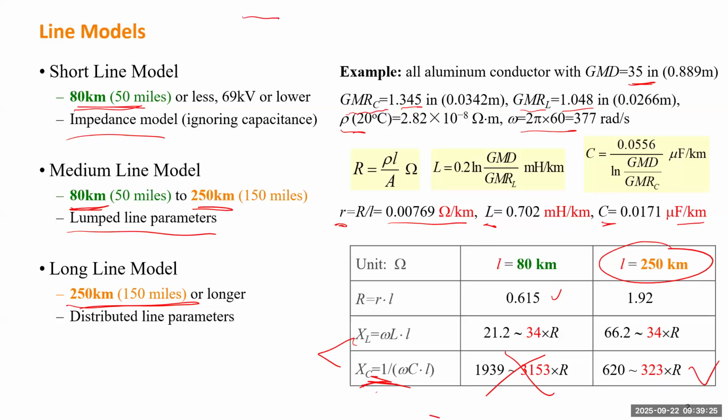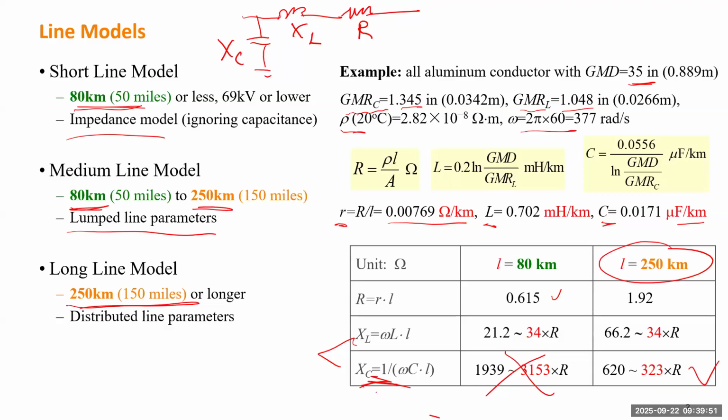So what we're talking about is, if this is the inductive reactance, there's a resistor, and there could be some capacitance. That transmission line can be roughly represented by this circuit. So this is R, this is X_L, this is X_C.